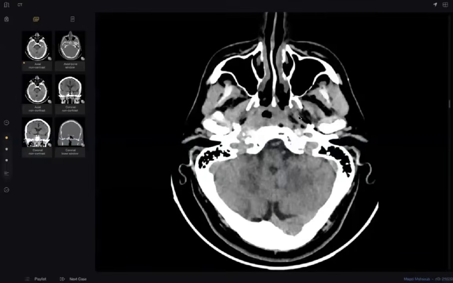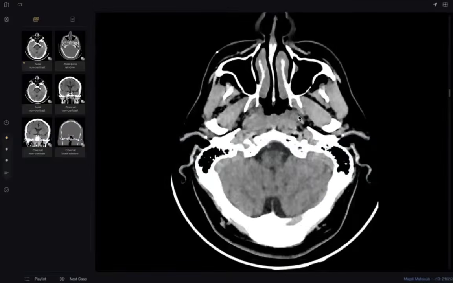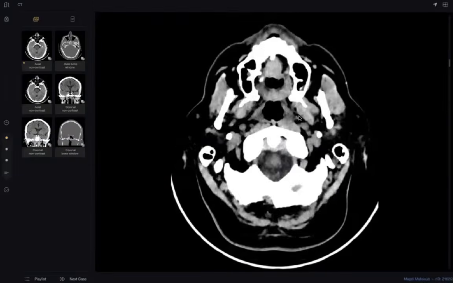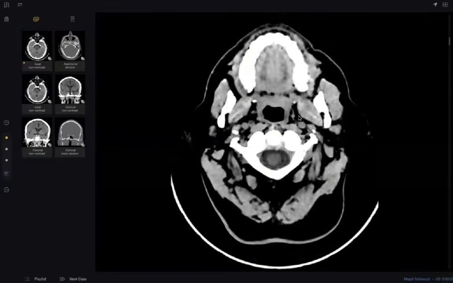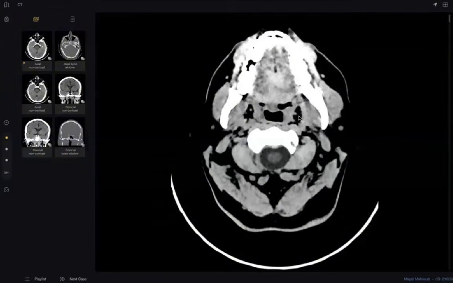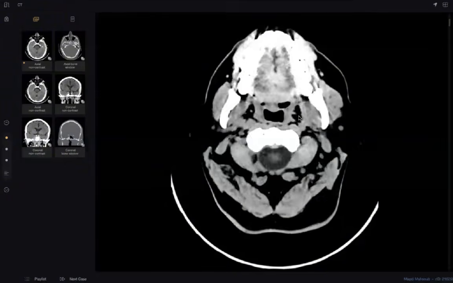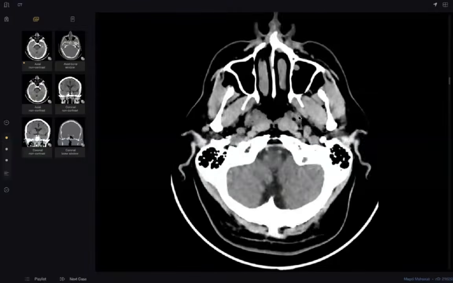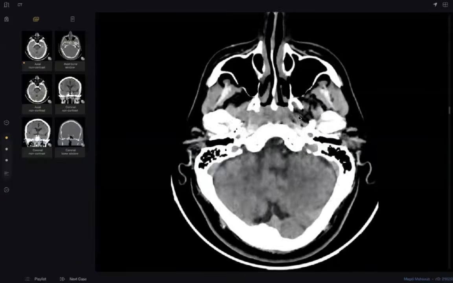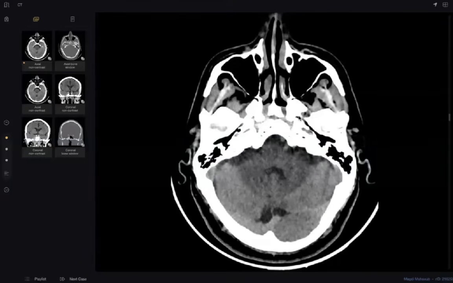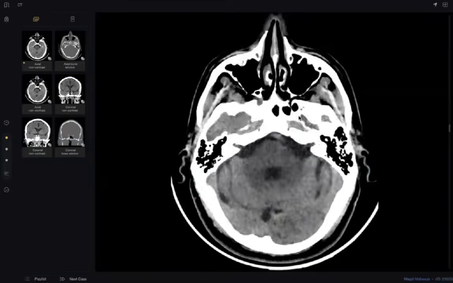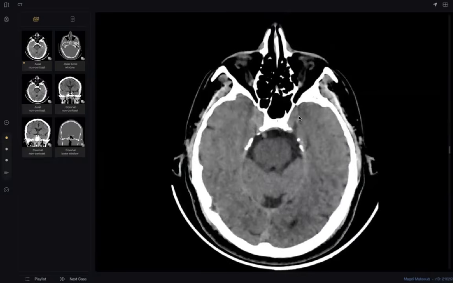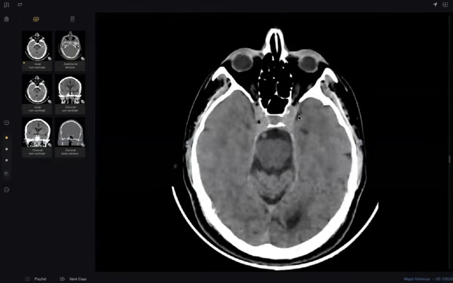I cannot see any cerebellar lesion. Brainstem is grossly unremarkable. And the soft tissues of the neck are also normal. The finding which I have noticed is the asymmetry between the cavernous sinuses, and I would like to review that on contrast imaging to see any filling defect within the cavernous sinus.